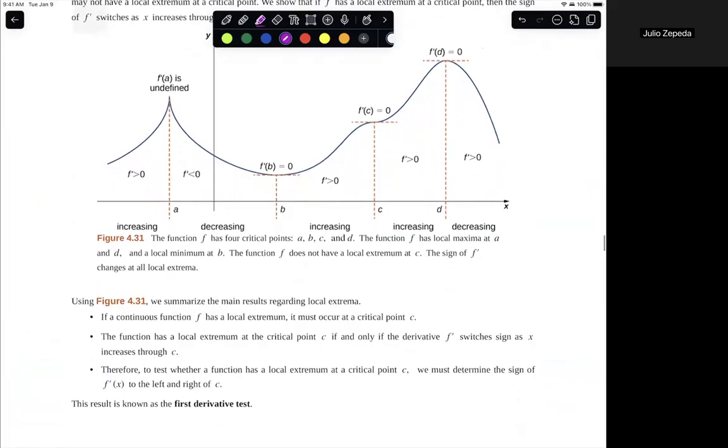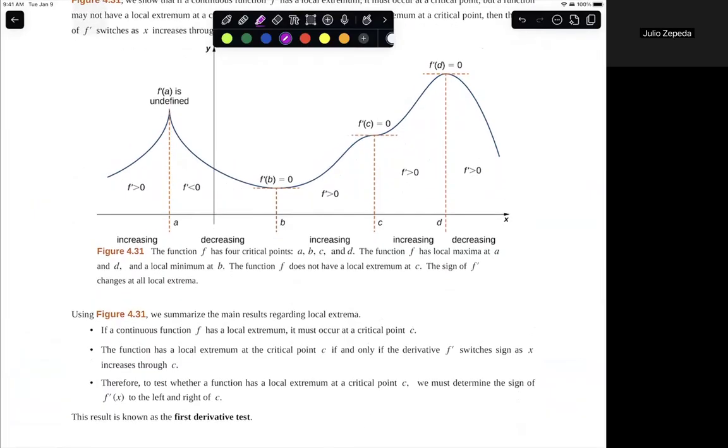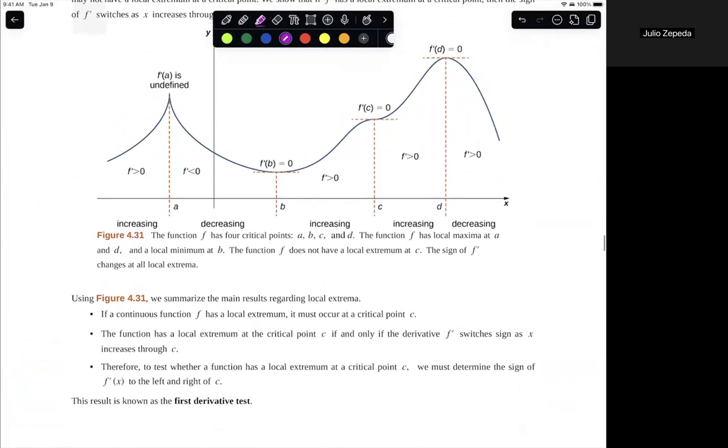Let's go ahead and take a look here. One thing we said in section 4.3 was that if a continuous function has local extreme values, then it must occur at a critical point c.